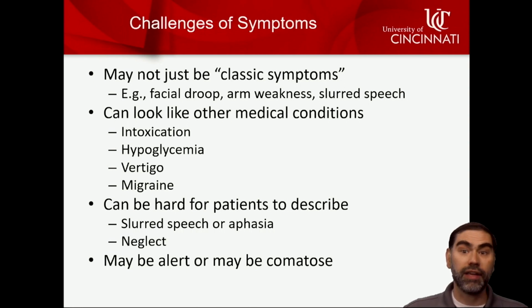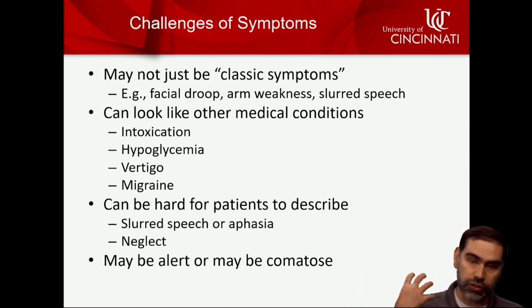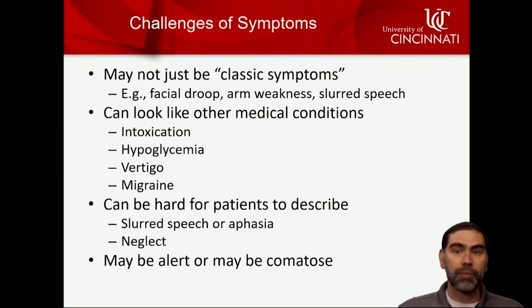Maybe they are actually intoxicated at the time, either with alcohol or otherwise. There are actually conditions for intravenous drug users. They can develop vegetations, infection of their heart valves, and those can get flicked off and cause occlusions in the brain as well. Hypoglycemia is the great mimicker. That's why we always check glucose prior.